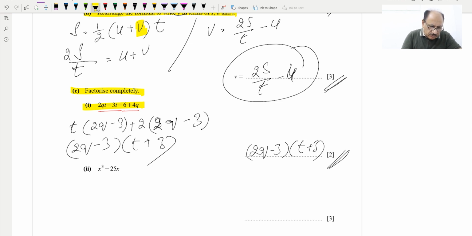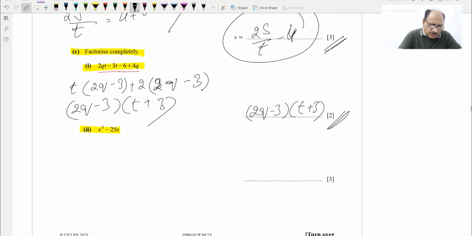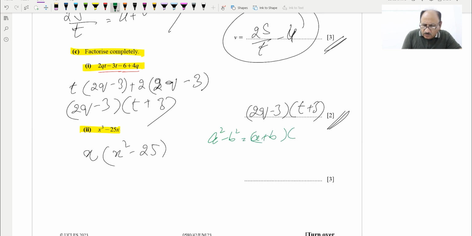Hopefully you understood this. Now for this one, second part, we can take x common, and inside will be x squared minus 25, and now we can use the formula a squared minus b squared is equal to a plus b into a minus b, and we can apply this.